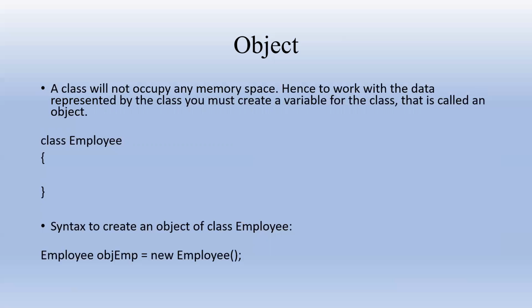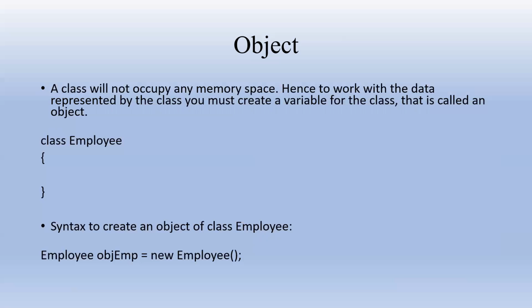You can see that we have a class employee, and the syntax to create an object of a class is: you give the class name followed by a variable name, then you put an equal sign, then you use the new operator or the new keyword followed by the class name and the brackets, and then we terminate the statement with a semicolon.